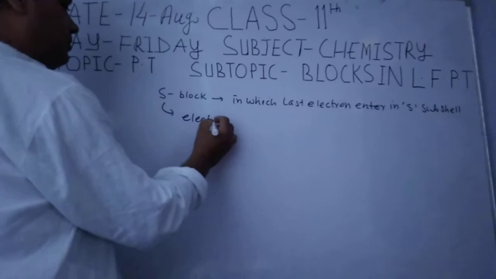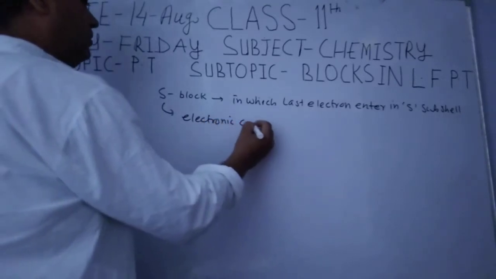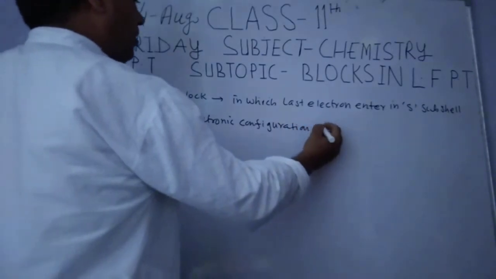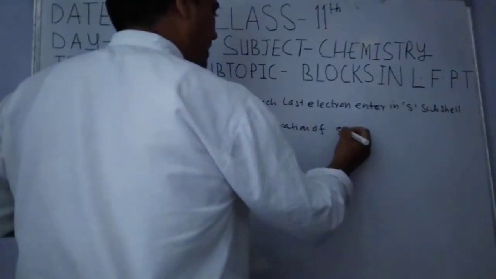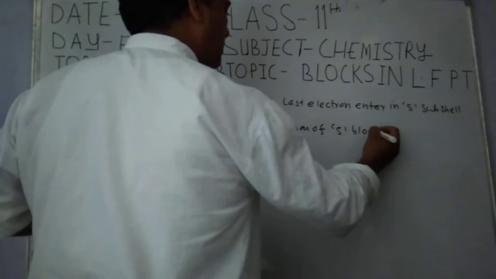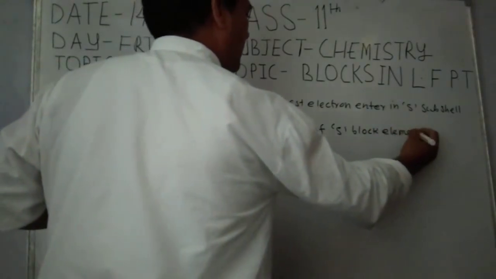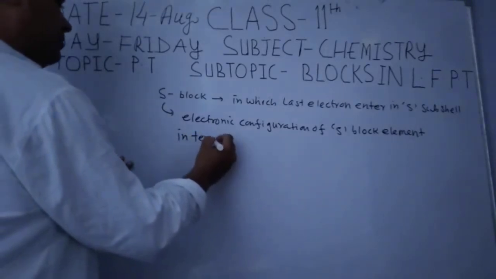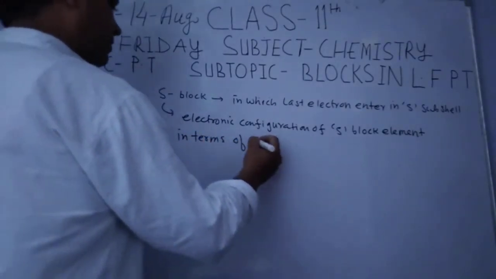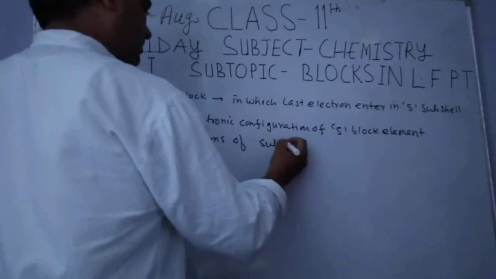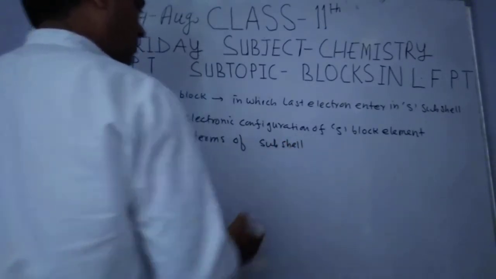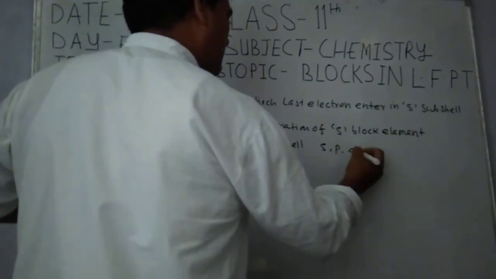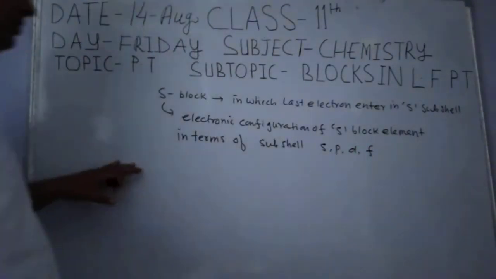Electronic configuration of S block element in terms of subcell, that is S, P, D and F subcell.